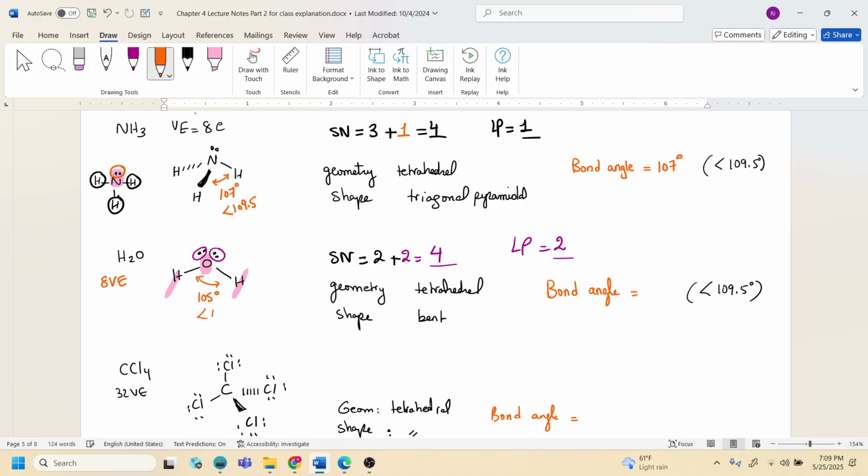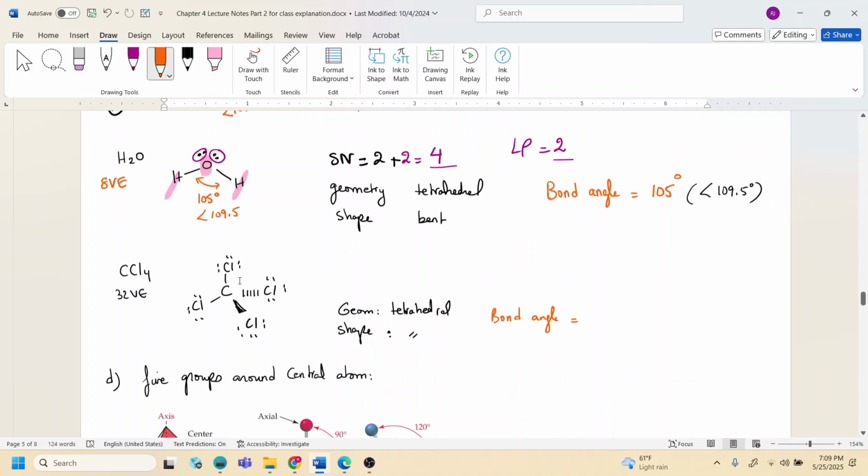Or you can say it's less than 109.5. Okay, so that is going to be 105 degrees. And you need to show it as a bent structure. You no longer write it as a linear one. You have to show it based on its bond angle and based on its shape, which is bent.